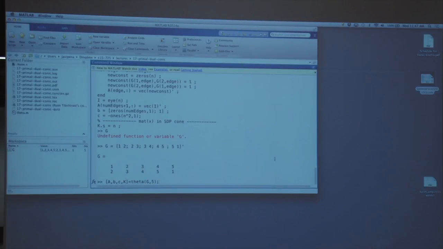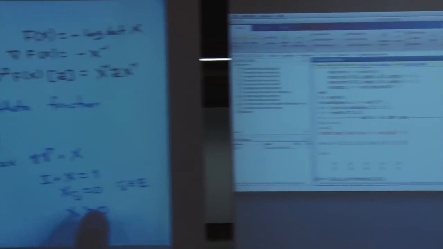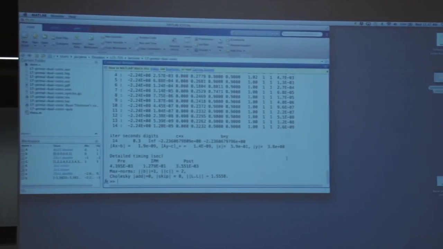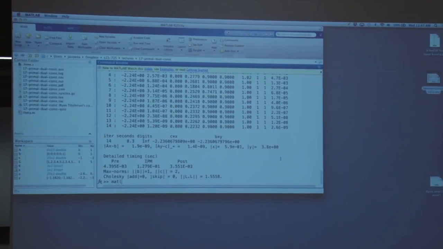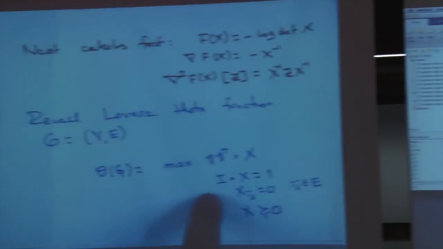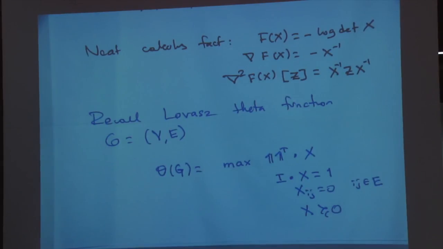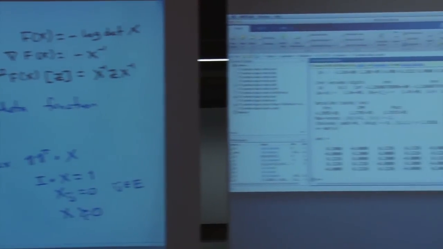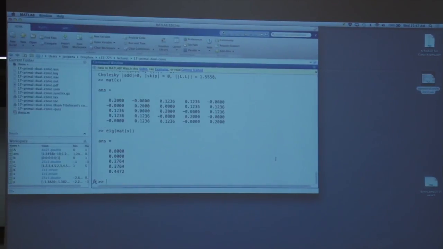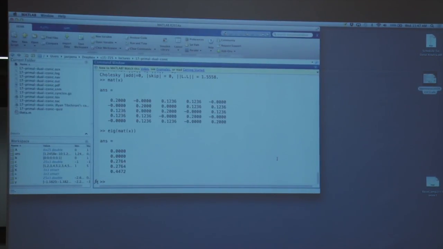It builds C, A, and B. Now, if I want to solve this, then if I look at mat x, that is the solution to this semi-definite program. Just for a reality check, if you look at the eigenvalues of mat of x, they're all positive because they have to be. It's a positive semi-definite problem.